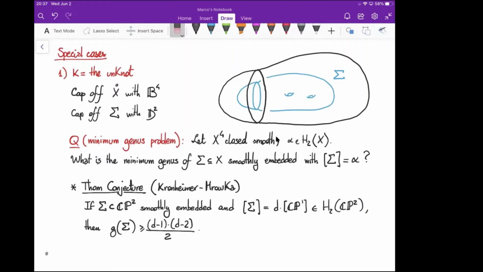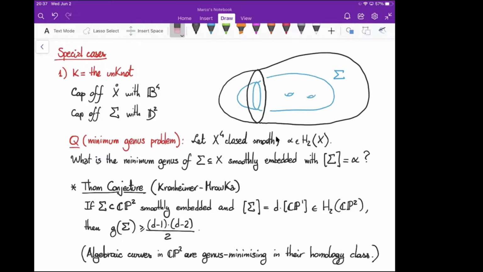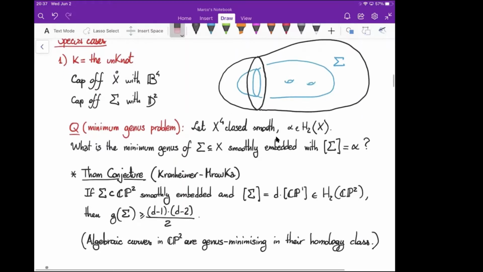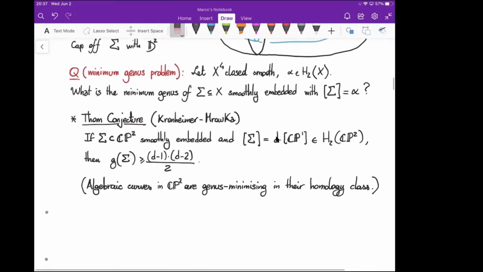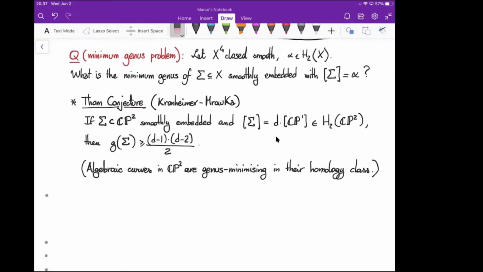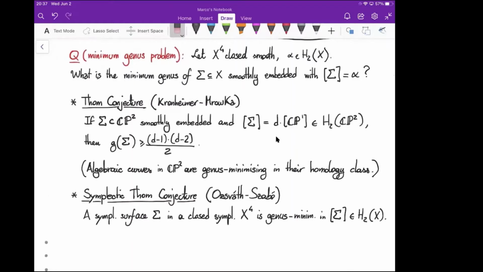That formula, (d minus 1)(d minus 2) over 2, is by the genus-degree formula the genus of an algebraic surface of degree d. So you could restate the Thom conjecture by saying that algebraic curves in CP2 are genus minimizing in their homology class. There is a generalization of this result by Ozsváth and Szabó, who proved the symplectic Thom conjecture. They proved an analog of the conjecture for symplectic surfaces in closed symplectic four-manifolds.